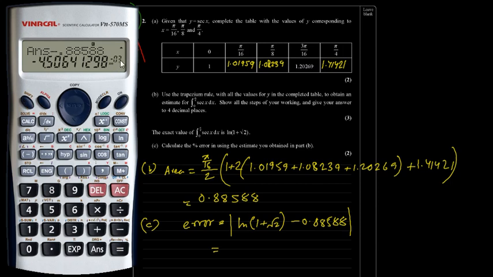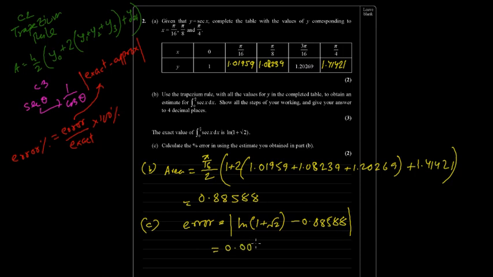That means it has a power here, so you can do shift eng so that the power becomes 0. Now it's into 10 to the power 0 means into 1, so there is nothing here. So you take the positive value, absolute, because error cannot be negative, so it would be 0.004506. So that's the error.